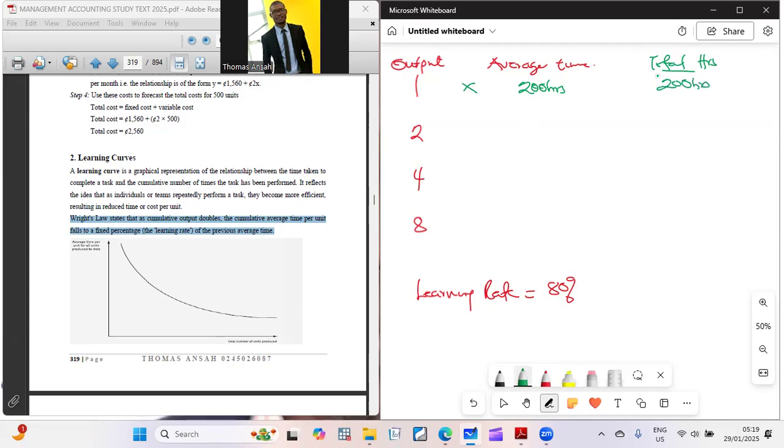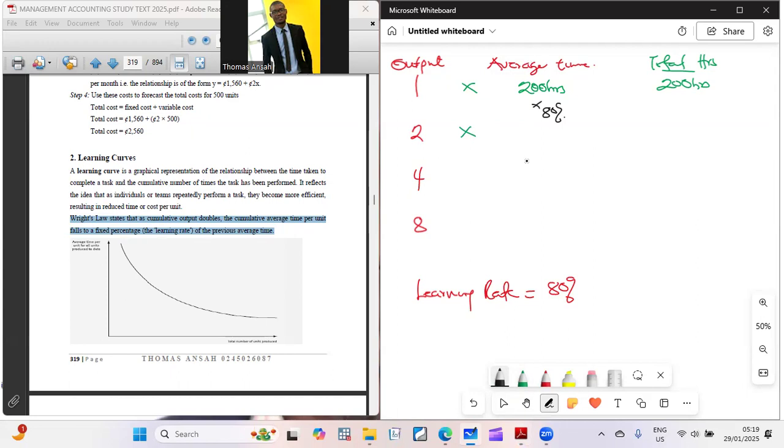But we are saying that given a fixed learning rate and the person doubles the production, the cumulative average will be reducing at the learning rate of the previous one. So this is 80%.